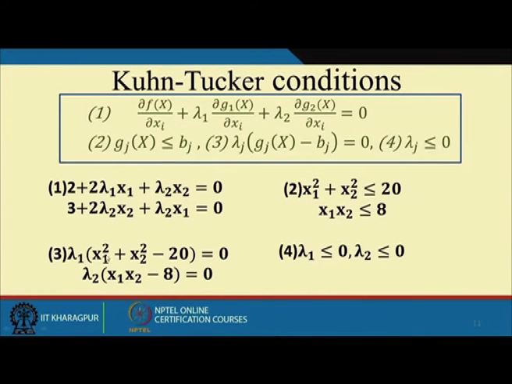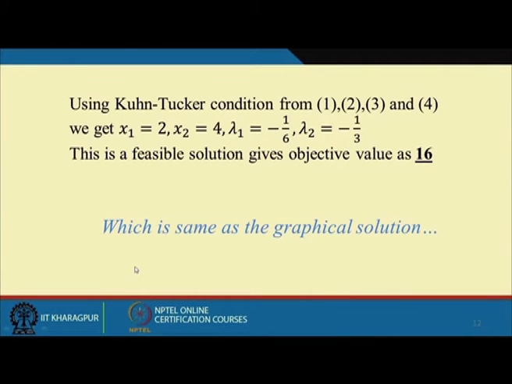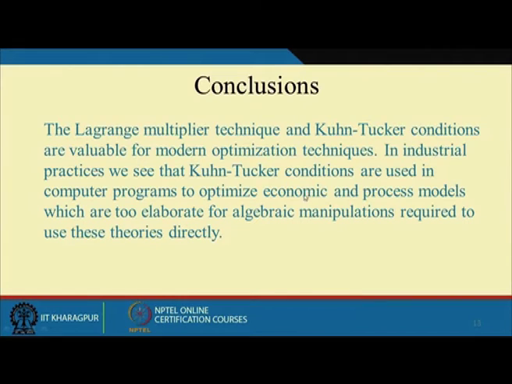Let us see different cases again, whether lambda 1 is 0, lambda 2 is 0, both are 0, both are non-zero. Here also you can get the same set of cases, and you can say that through the Kuhn-Tucker condition we will get the solution as 16, and this is also the point 2 and 4 together, alright, just to check it.